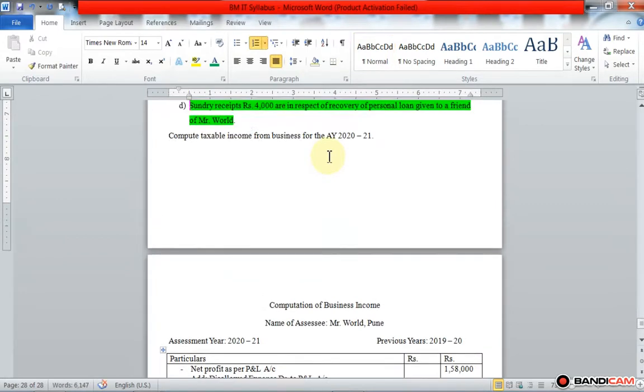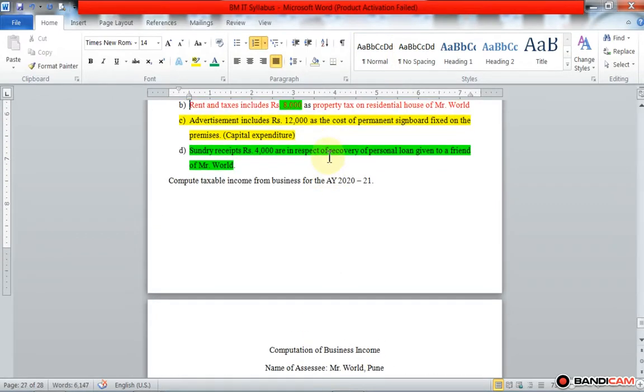Adjustment number fourth is taken into consideration after adding all disallowed expenses in net profit. It is related to other income. So other income is considered after we add all disallowed expenses in net profit.